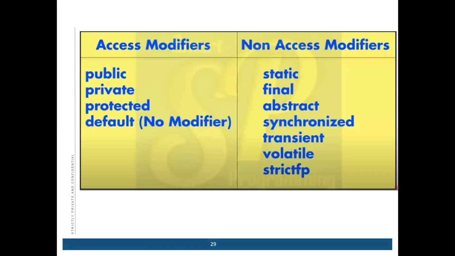Moving further, we have learned the access modifiers. So what are access modifiers? Public, private, protected, default. All these are access modifiers. There are non-access modifiers also. One of the most important non-access modifiers is static.